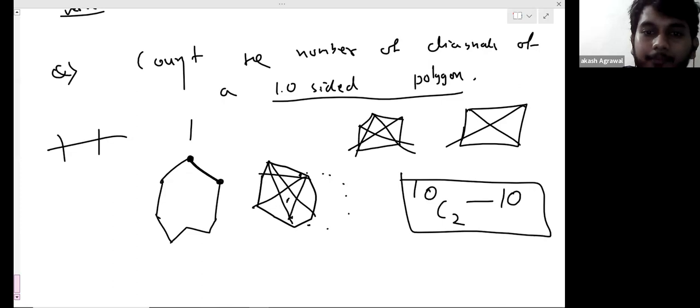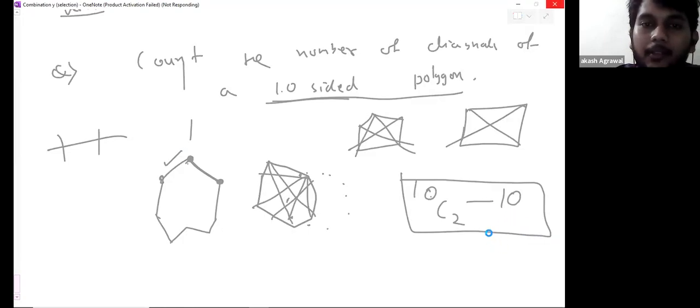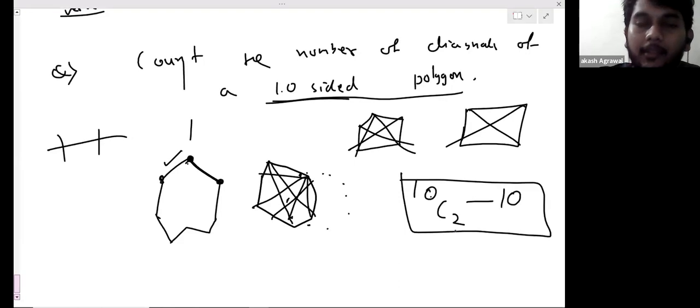So how to count? To count the number of lines, we only need 2 points. We have 10 points in total because it is a 10-sided polygon. So 10C2. But if we join adjacent points, then we get a side. So we subtracted the number of sides. What remains will be diagonals.